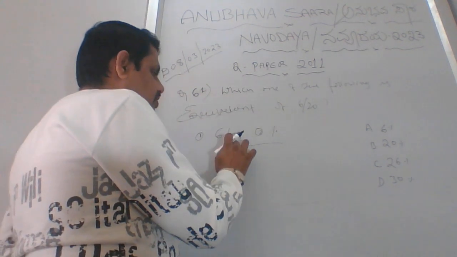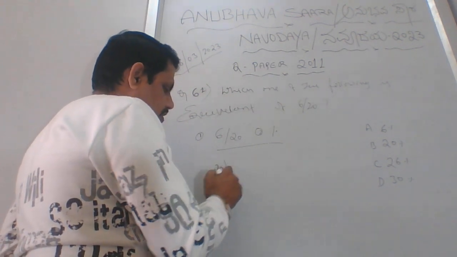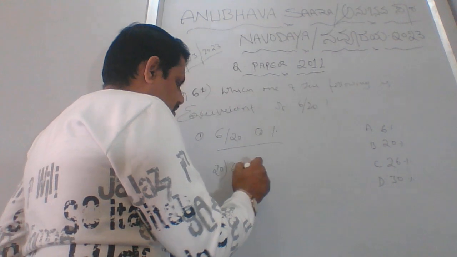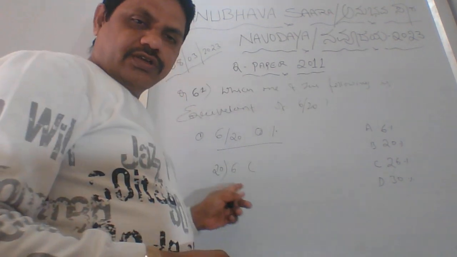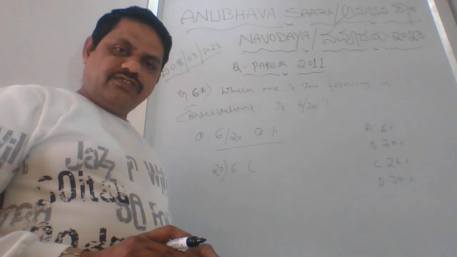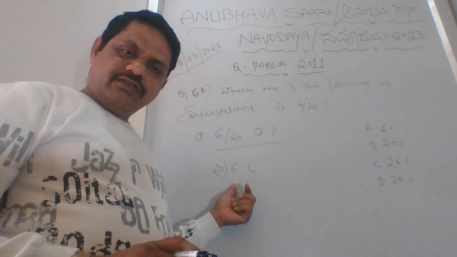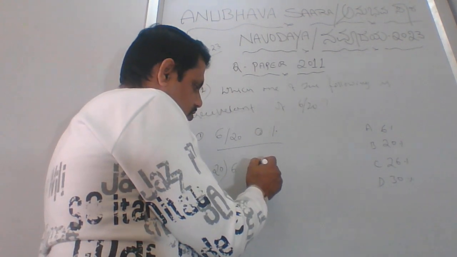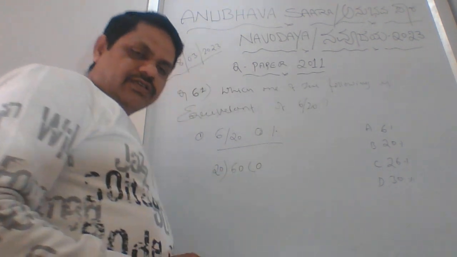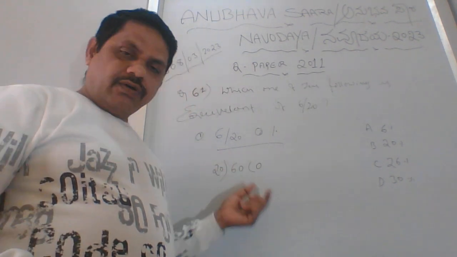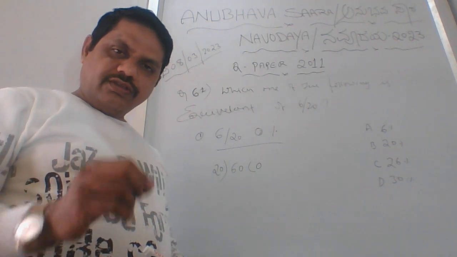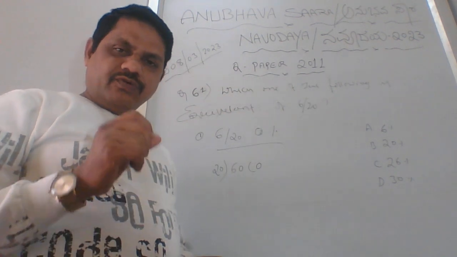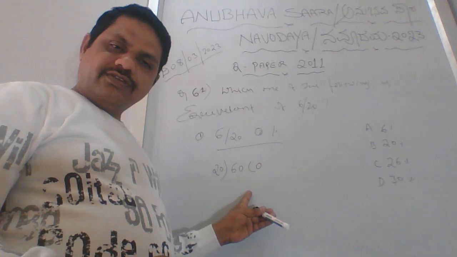So what we'll do is 6 divided by 20 with the traditional method. How we do the division, we'll do like this, right? 20 into 6, it won't go because 20 is greater than 6, so we cannot divide this. Then we go with 0 dot, and we get 60, right? This method we have already done in a different question in the same mathematics paper of the year 2010.